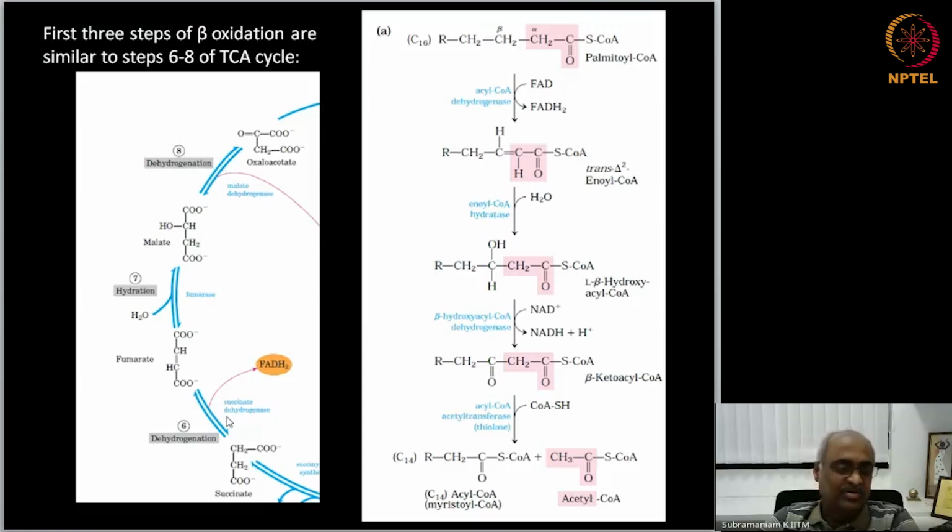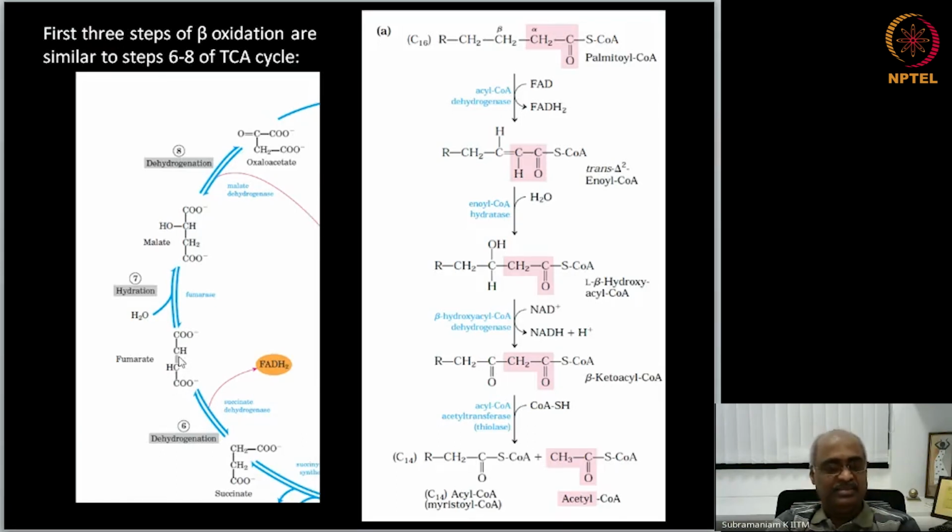So this is actually complex 2 by itself, and it uses flavin nucleotide as the oxidizing agent here, that gets reduced during this. So essentially what is happening is, between this alpha and beta carbon, you have a double bond introduced by removal of hydrogen atoms. That's why it's a dehydrogenase, and then you get the double bond.